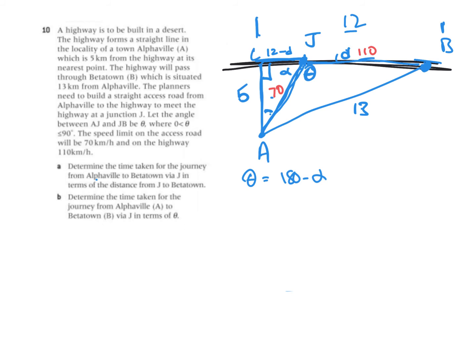So if I look at this first triangle here, if I have alpha, I know 5 over AJ is equal to the sine of alpha, because it's the opposite over hypotenuse. So AJ is equal to 5 over sine alpha.